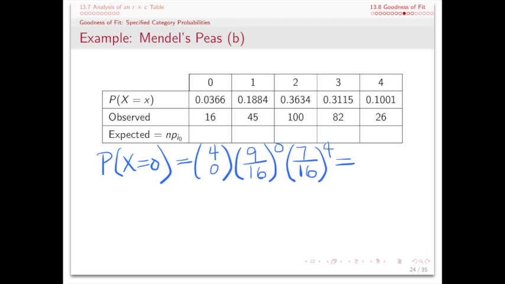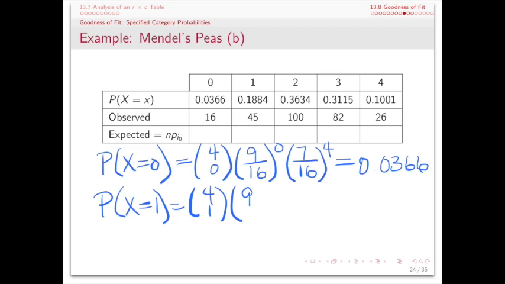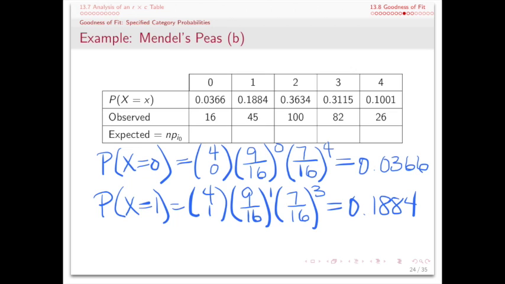If we compute that, we'll get 0.0366. Similarly, the probability that X is equal to 1 is 4 choose 1 times 9/16 to the 1 power times 7/16 to the 3 power, and we'll get 0.1884. Continuing in that fashion, we can generate the 3 remaining specified probabilities for the categories.